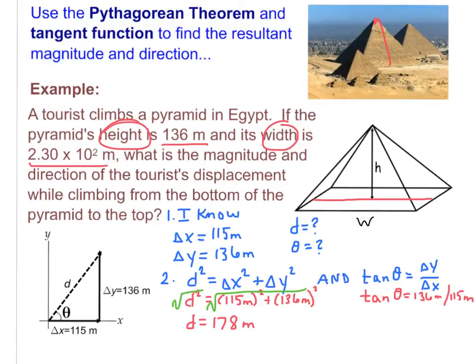And when we take the inverse tangent, or tangent to the -1, we simply get theta on the left side, and the inverse tangent of our division problem is 49.8 degrees. So theta will be 49.8 degrees, and the magnitude of our vector will be 178 meters.